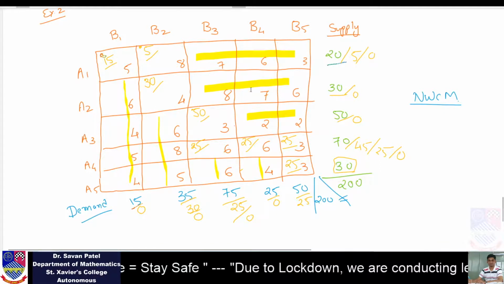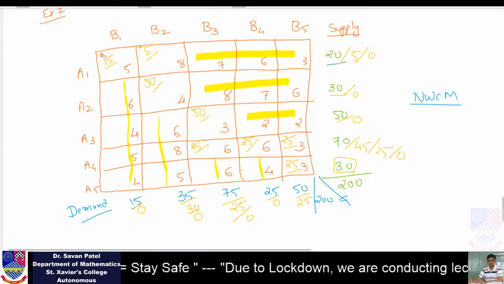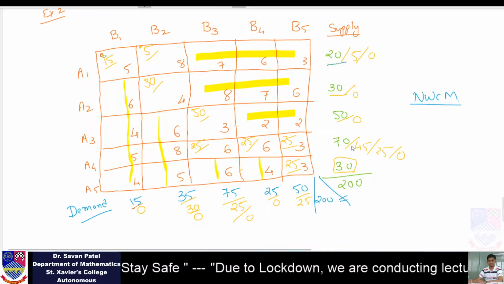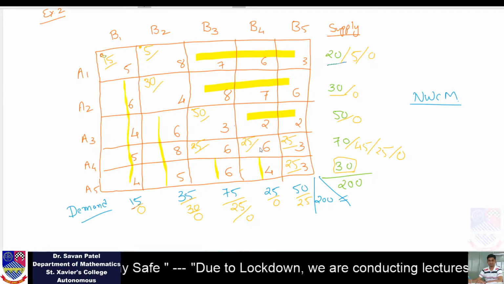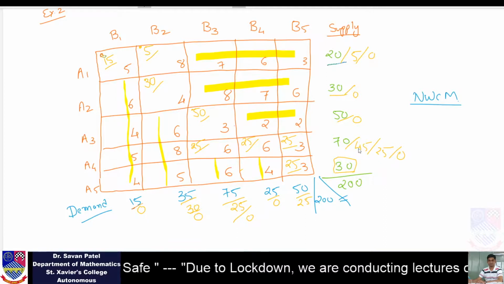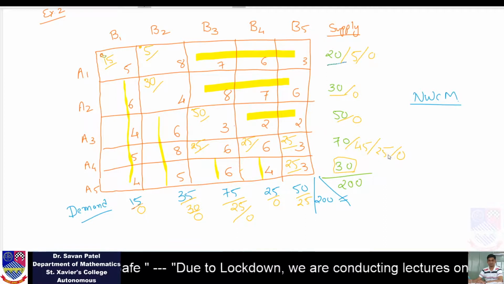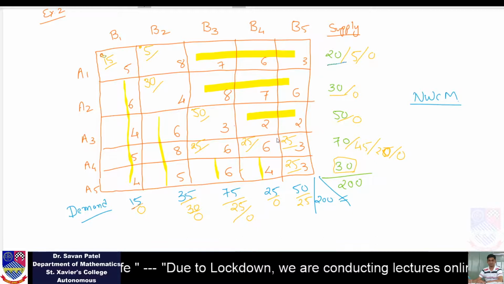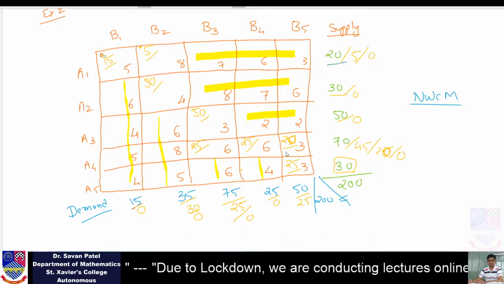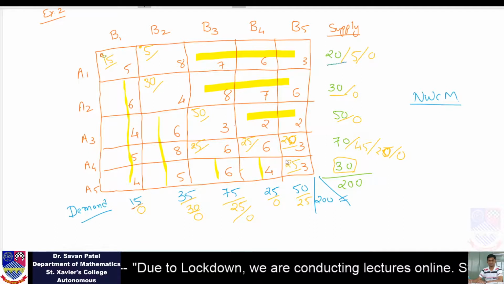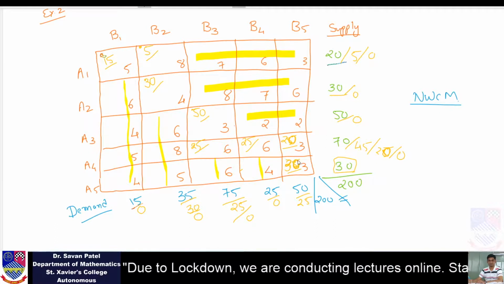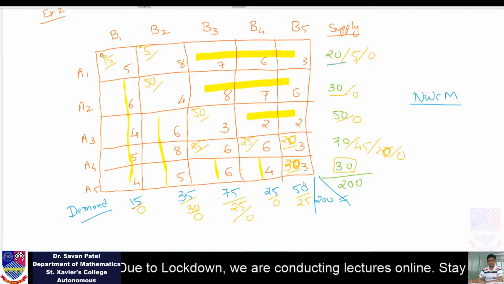Sorry, here we are left with, after applying this 25 and 25: first we applied 25, so 45, and then applied 25. So here we are left with 20. Here we are left with 70. So we have transported 20 units, and here we are left with 30. So we have transported 30 units there.